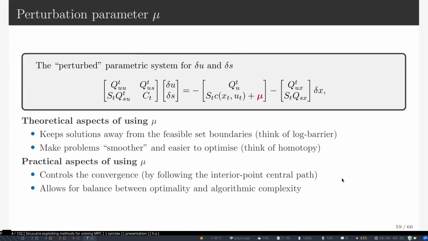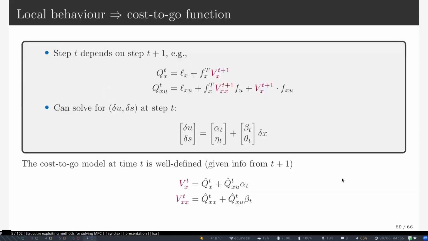It's really just the log barrier equivalent, and it makes problems smoother in a way. And again, we saw versions of it. As it changes, we follow the path. It controls the convergence, because of how closely we follow the central path, and allows us to make sense of optimality and the complexity of the problem.